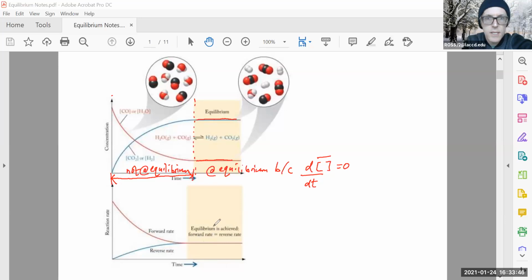And you can see in this diagram below, equilibrium is achieved when the forward rate equals the reverse rate. So dynamically, reactants can become products and products can become reactants. Remember, the equilibrium arrow has this reversibility to it, but it doesn't have a net change on the concentration.